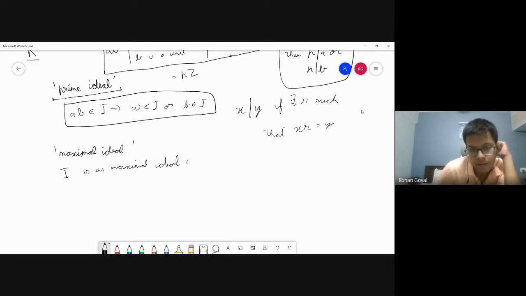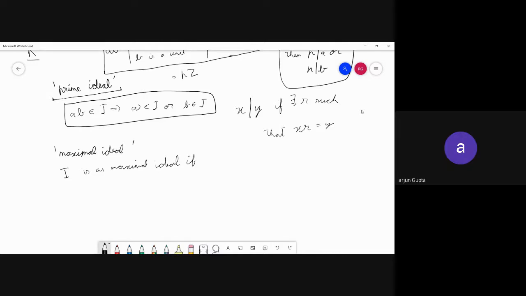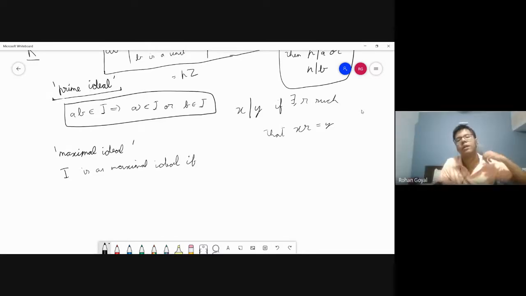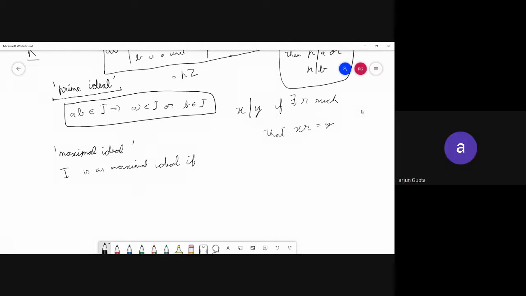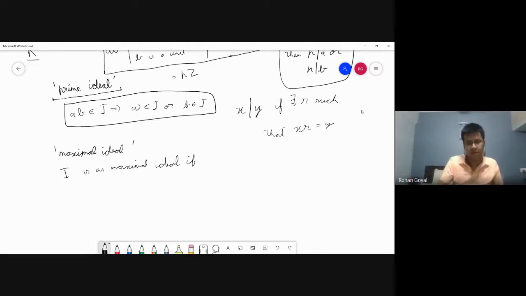Maybe if it has a maximum element. What do you mean a maximum element? You want Z to have no maximal ideals? Yeah, I'm not sure. Okay, so I am telling you the definition.